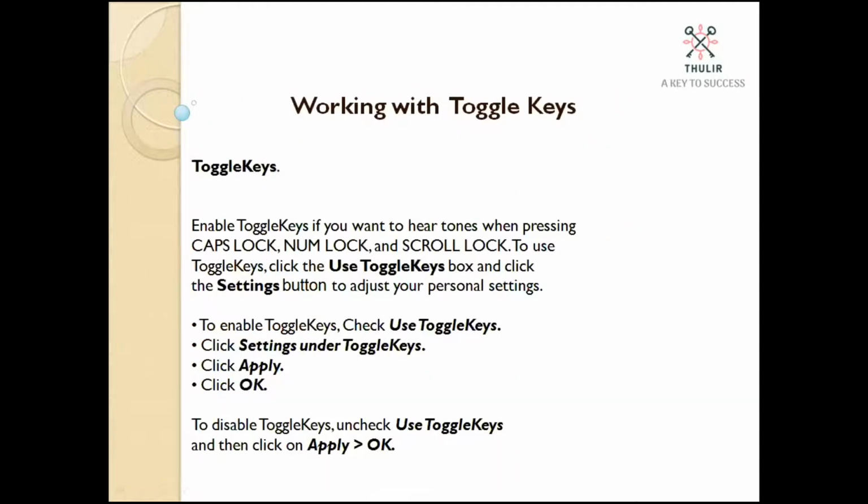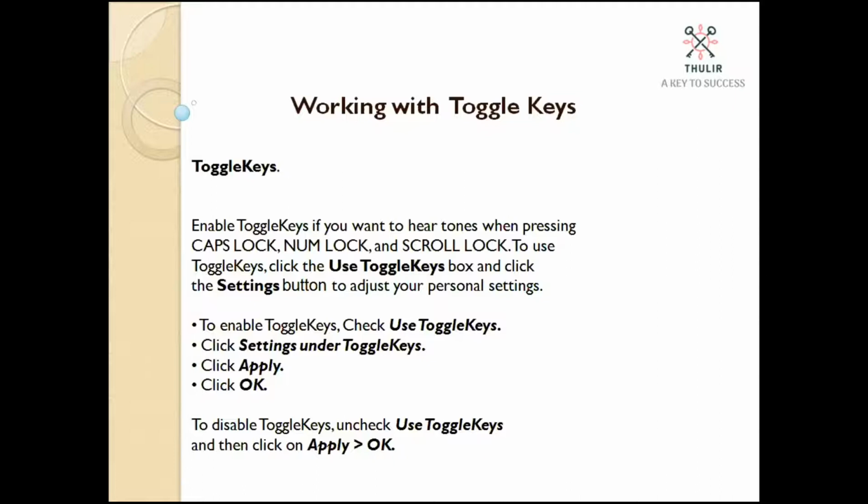Okay, now we'll go ahead and talk about the last option under the keyboard tab, that is the toggle keys. There are some keys which we call toggle keys on our keyboard, that is your Caps Lock, Num Lock, and Scroll Lock. To use these toggle keys, check the toggle keys box and click on the Settings button to adjust the personal settings. What will happen exactly when you check the option?